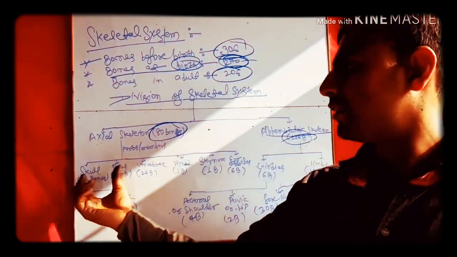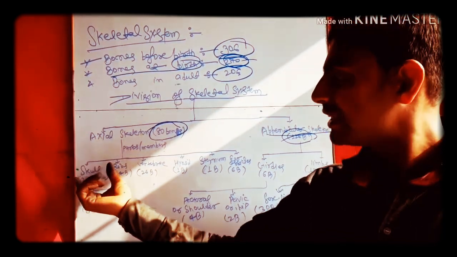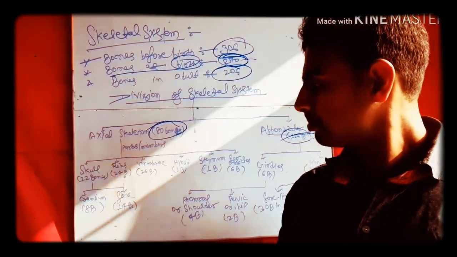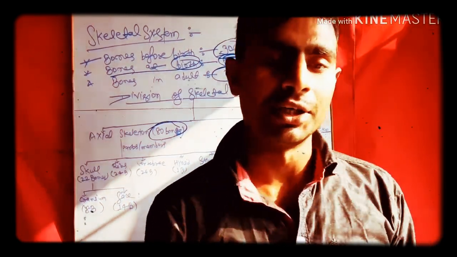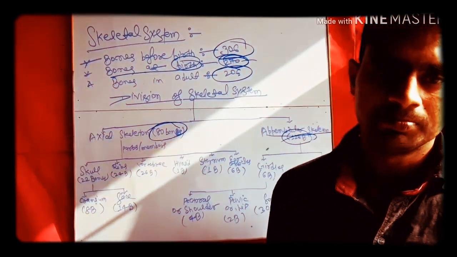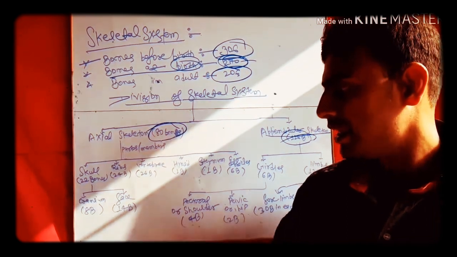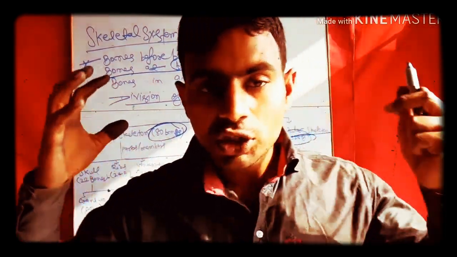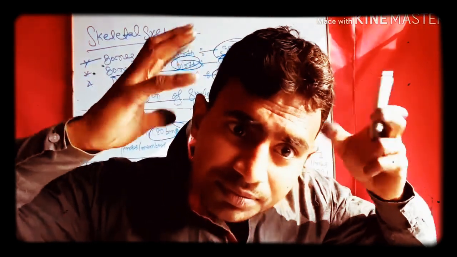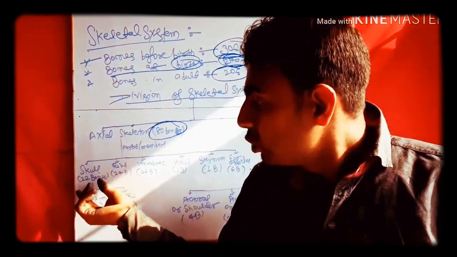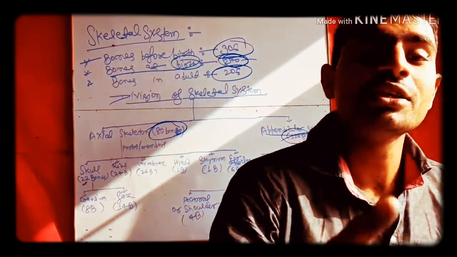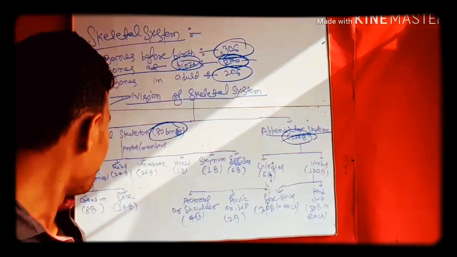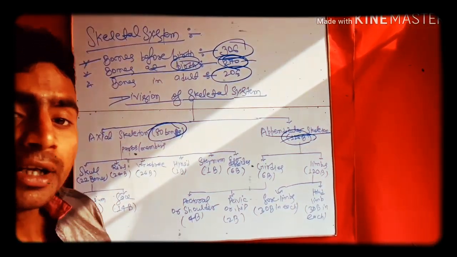First is the skull. In the skull, 22 bones are present. The skull is also divided into two parts: the cranium and the face.